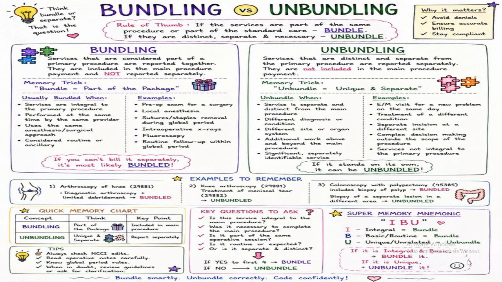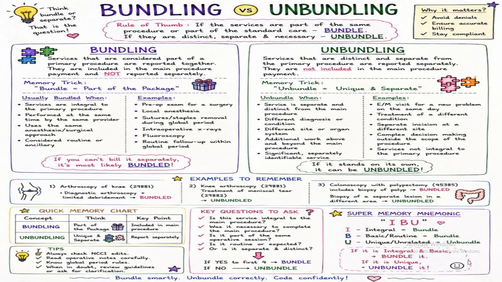These are already bundled in 29881. Next one, unbundling example. Knee arthroscopy 29881, treatment of meniscal tear 29882. Here we have medical necessity for these two procedures. So these are unbundled. You can code both 29881 as well as 29882.